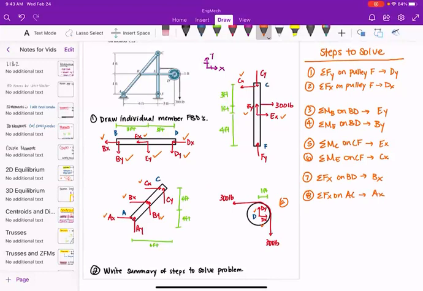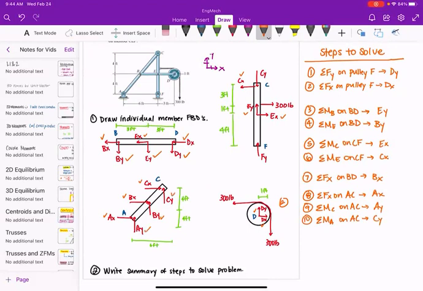I can do the sum of the moments about C on AC, and that will get me AY, right? I can do the sum of the moments about A on AC, and that will get me CY.